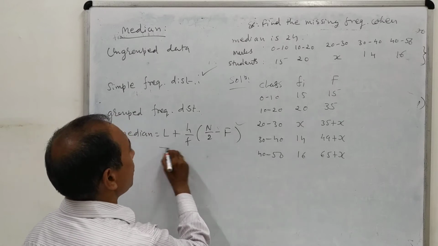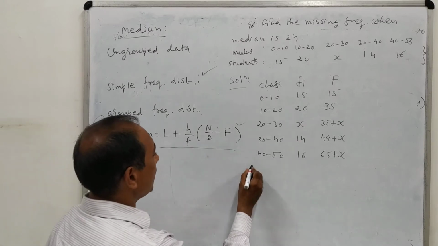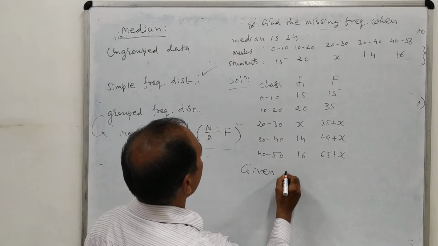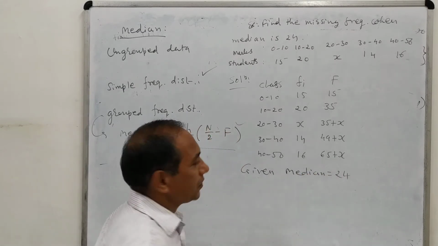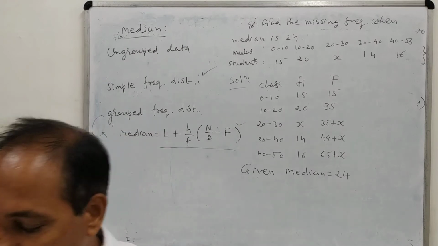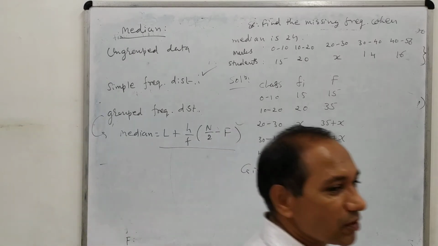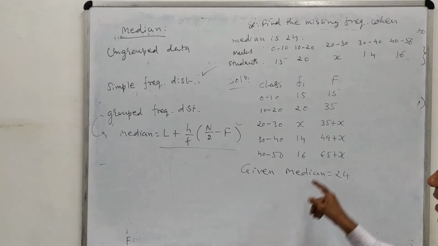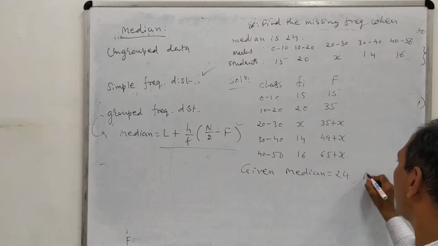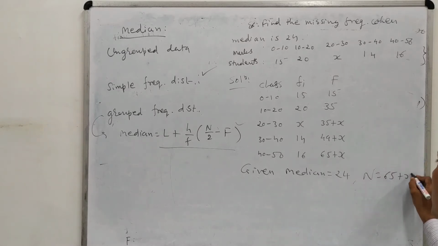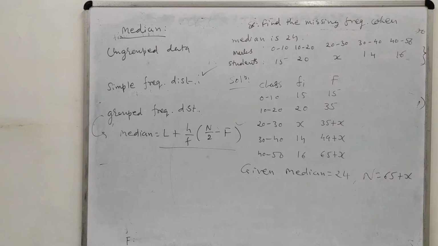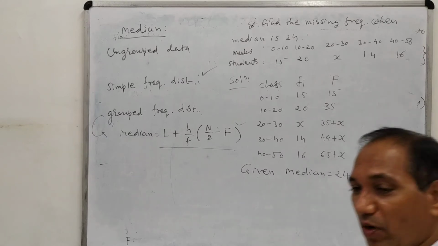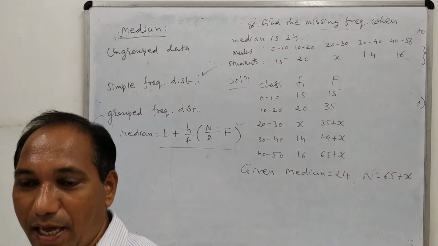Then we will write down this formula. We are given median equal to 24. To find the median for a grouped frequency distribution, we were finding capital N by 2. But here capital N is 65 plus X, so we cannot find the actual value of capital N by 2, and as it is not obtained, we cannot find the cumulative frequency just greater than capital N by 2.